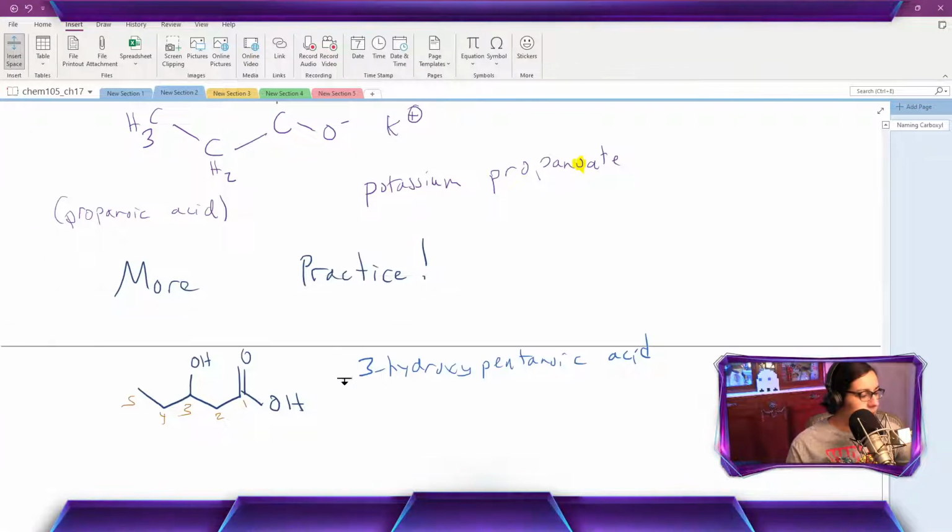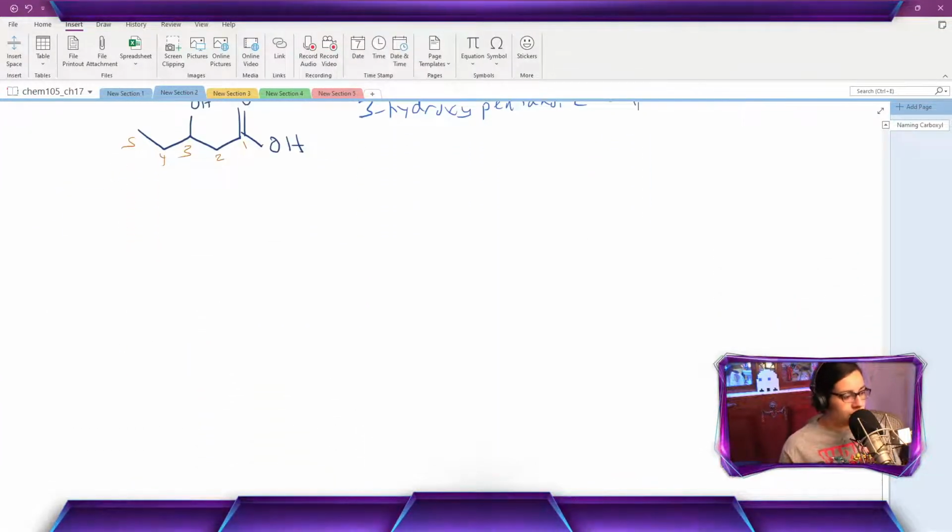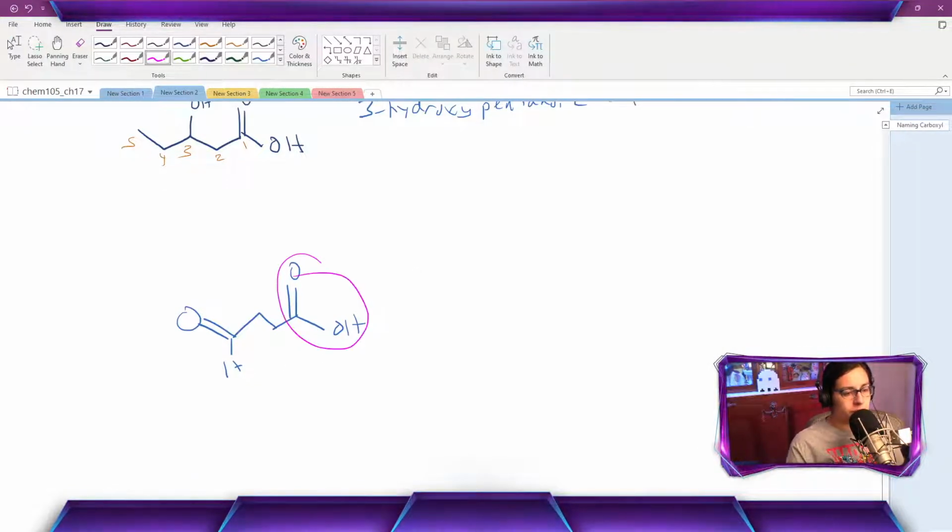So let's try a different one. This is kind of interesting. So let me draw out the structure and then we'll look at it together. And so now, not only do we have, so this is, right, our carboxylic acid, but now we also have an aldehyde group here.